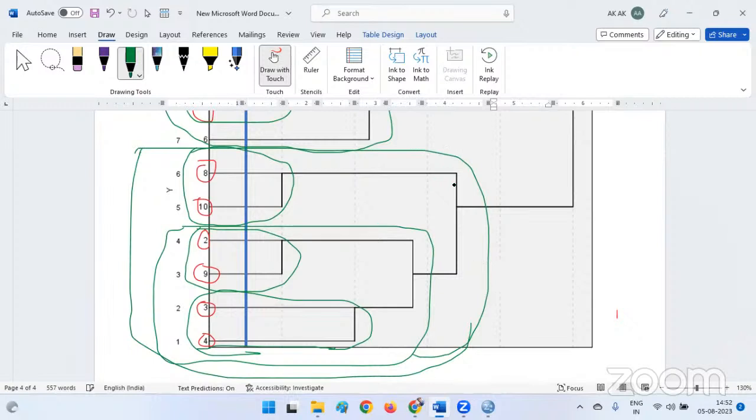Okay, clear? So now we have two clusters, 8, 10, and 2, 9, 3, and 4. They are merged with each other.